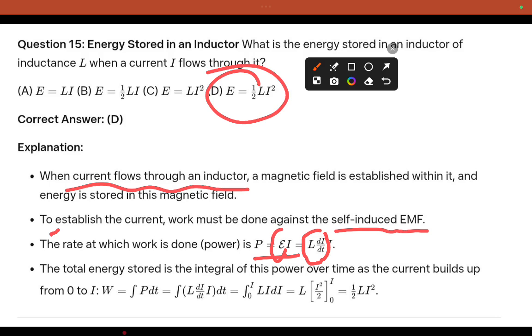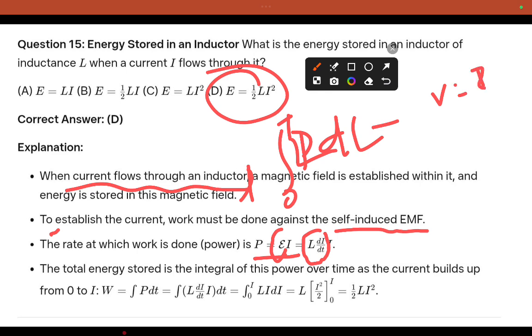So the total energy stored is the power integrated over time, P dt, from 0 to I. P equals VI. You can generally say power equals voltage times current. Here the induced EMF E is nothing but L di by dt.